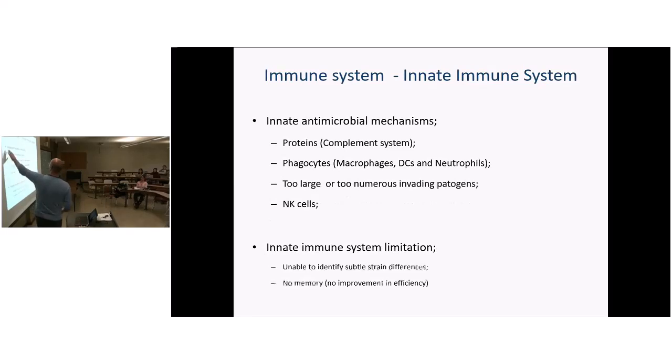Yeah, we went over immune proteins, phagocytes, antipathogens, natural killer cells, unable to identify subtle strains, no memory. So I think for this slide, this is obviously the most important part: no memory and no specificity to subtleties. Okay. Some of these parts here, this is how they can kill stuff.